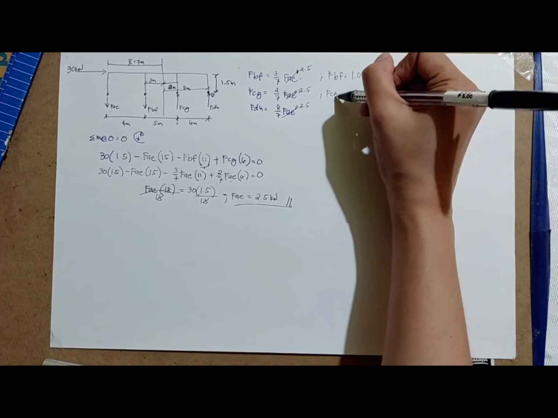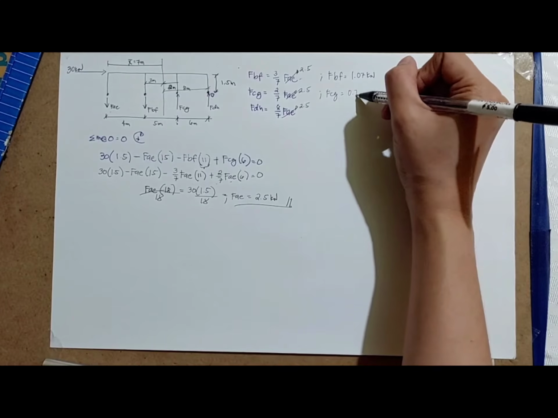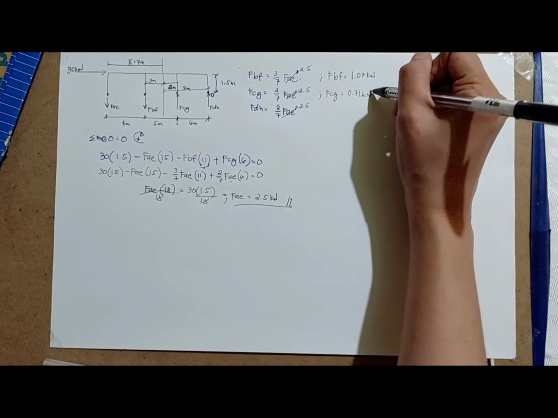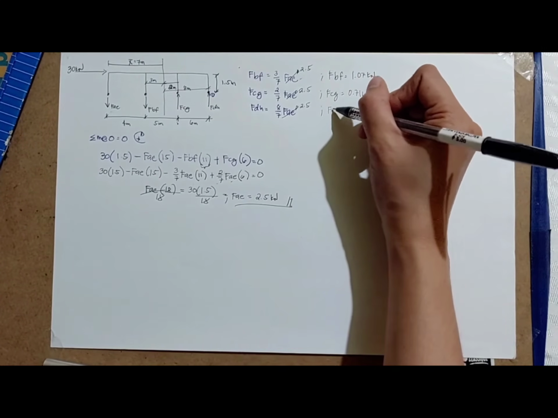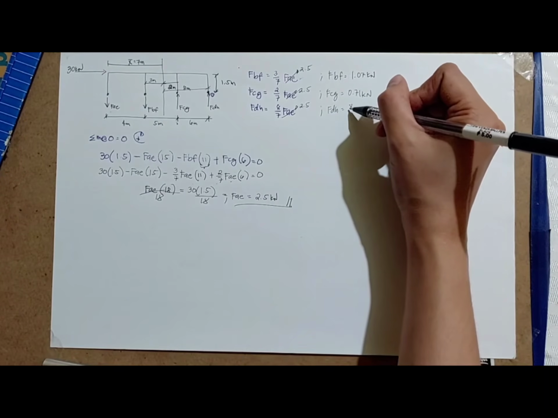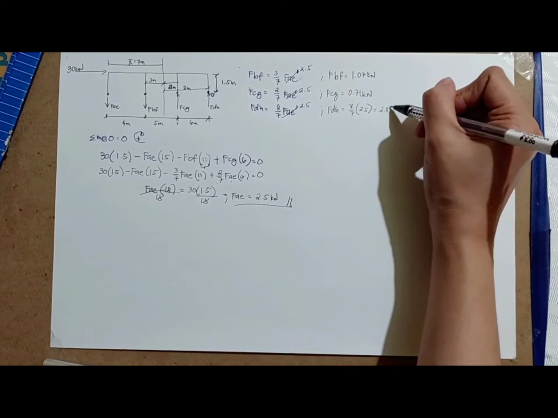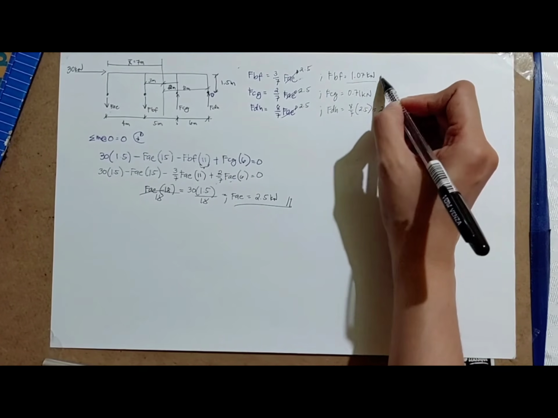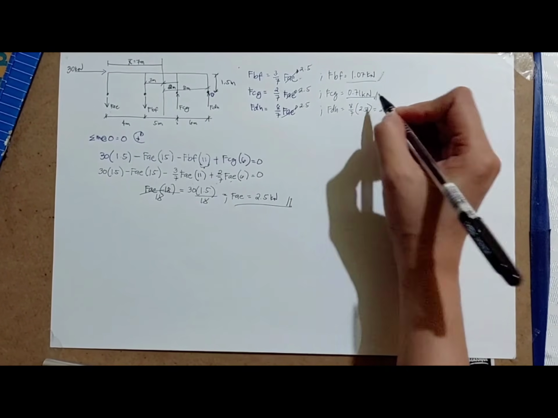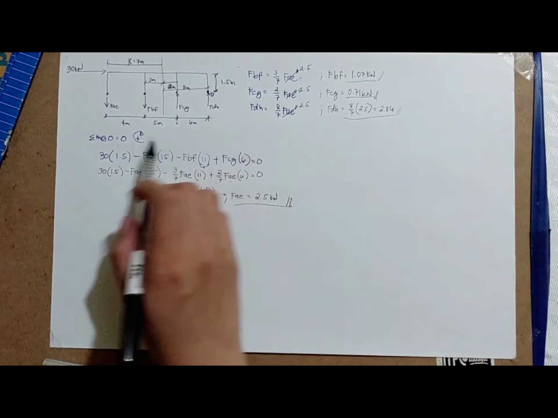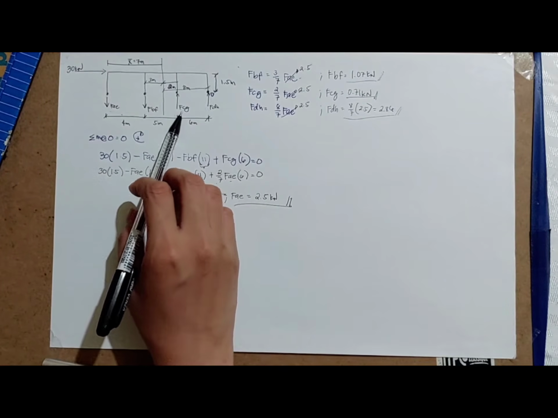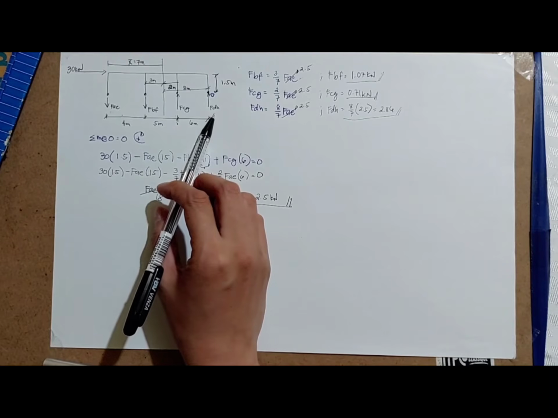That is your FCG, 0.71 kilonewton. And last, your FDH is 8 over 7 multiplied by 2.5, which is 2.86. So, these are your values for the axial loads FAE, FBF, FCG, FDH.